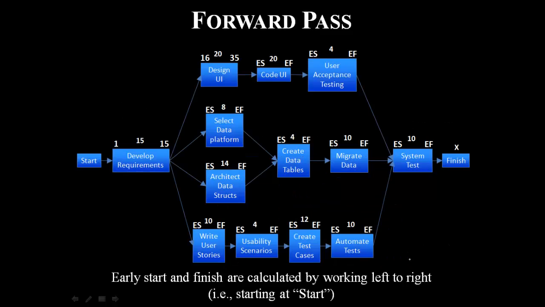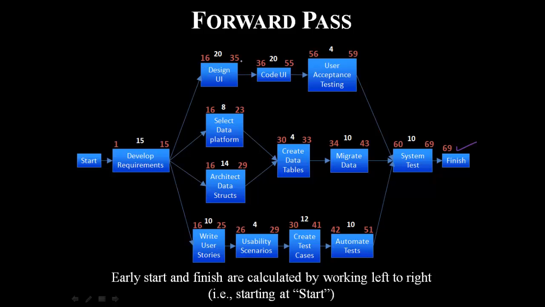So this is a forward pass. I have actually computed these two: 1, 15, 16, 35. The next one would start on the 36th day, and we calculate 36 plus 20 minus 1. Similarly, we will do a complete pass of all these paths, which will give us the duration of 69.